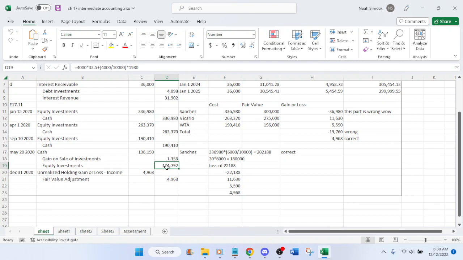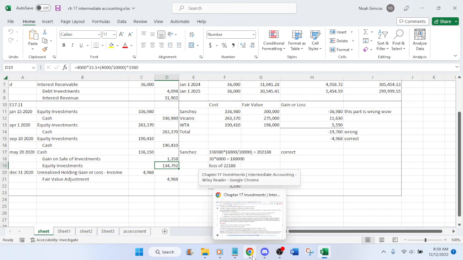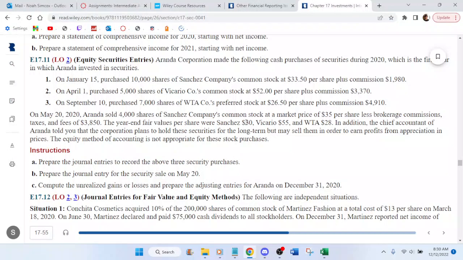The only one I did incorrectly was the last question. So let's see. Unrealized gains and losses on the 20th, on December 31st, 2020. They sold what? Okay, how did I mess that up?